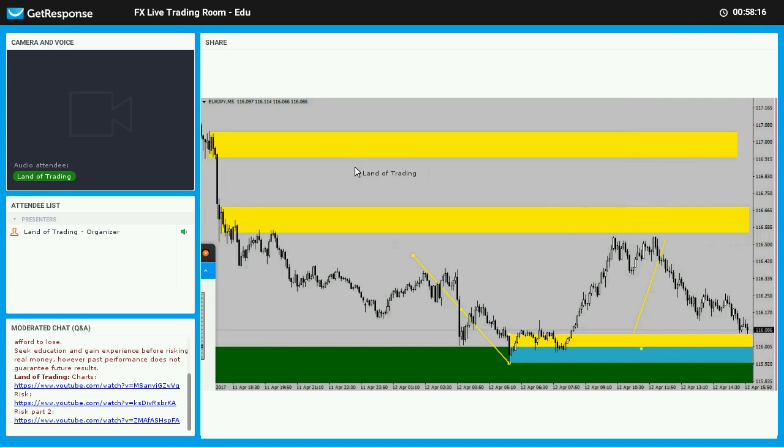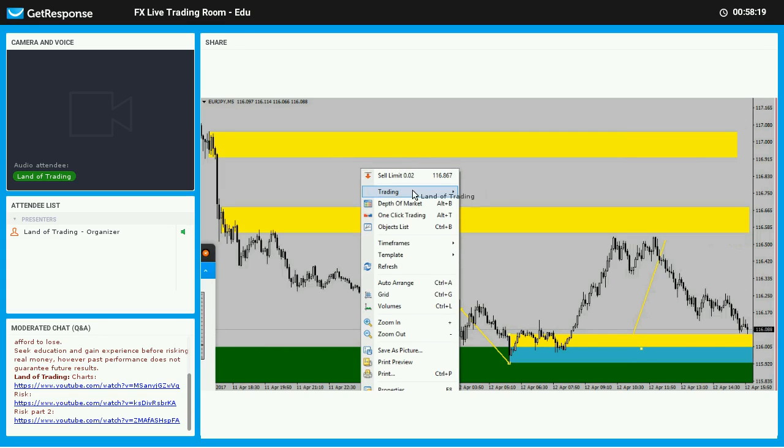04 is here. That's the 50 pips to the upside. That's what I'm very interested in. 15 pips.